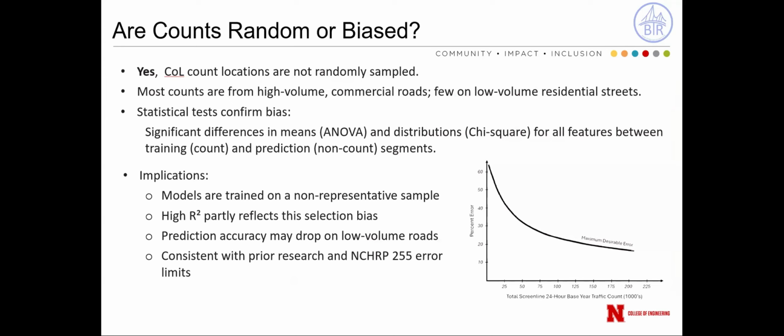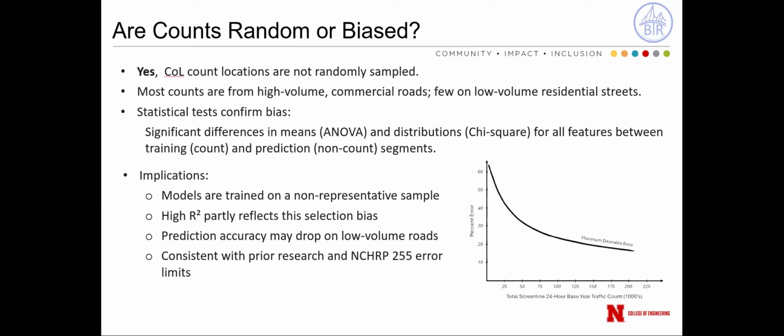Are counts random or biased? An important question we address is whether the ground truth counts from the city of Lincoln are representative. The short answer is no. Most counts are from busy, high-volume intersections. Statistical tests confirmed that significant differences between training data, that's the count locations, and the rest of the network exist.